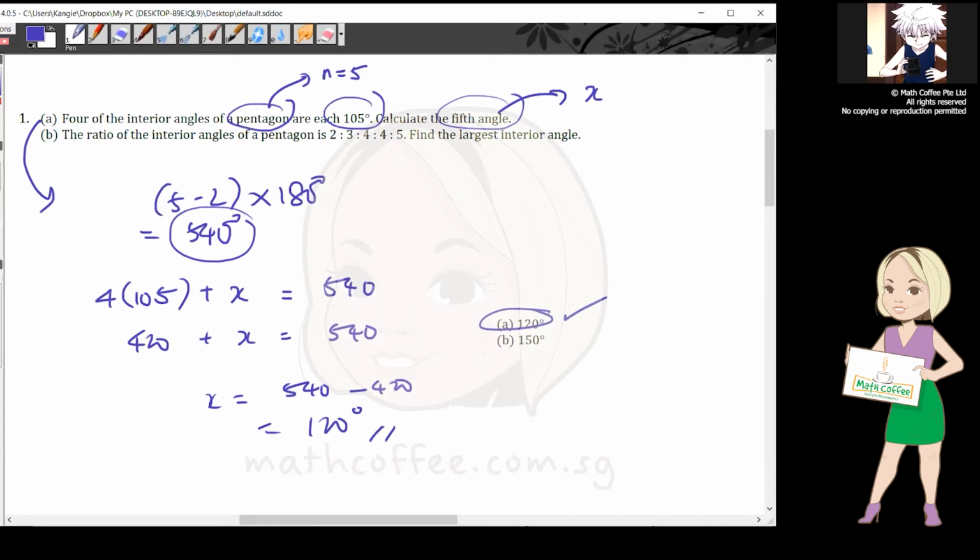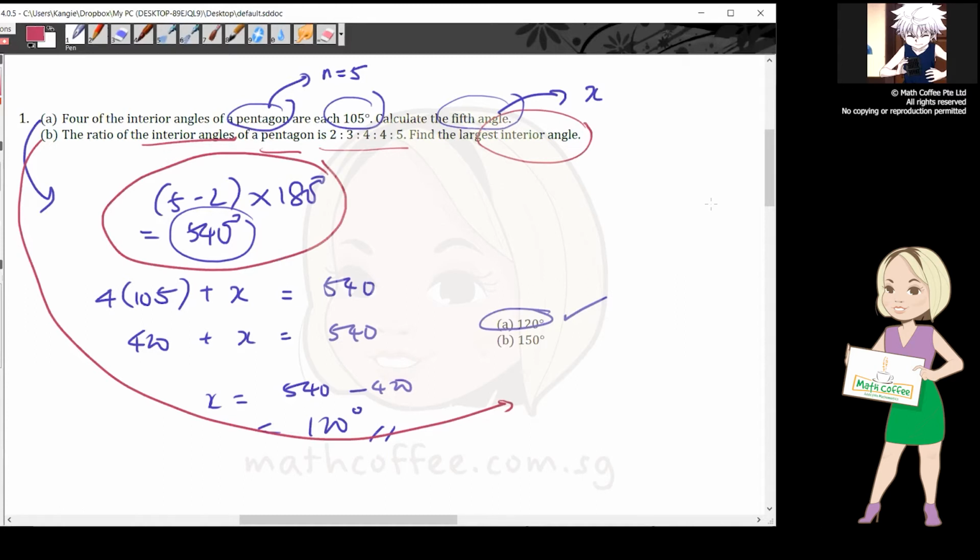Okay, now we do part B. The ratio of the interior angles of a pentagon is 2:3:4:4:5. Find the largest interior angle. Same thing, because it's a pentagon, I'm not going to repeat the steps. I know the sum of interior angles is 540.